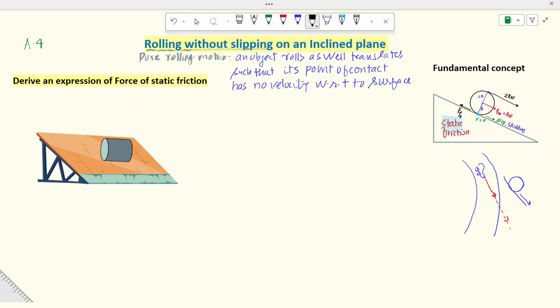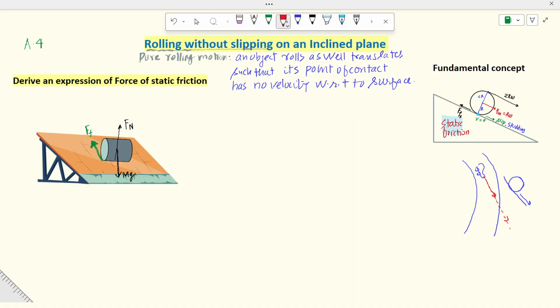How many forces are exerted on it? Obviously one force is exerted perpendicular to the surface, the normal force, and one force is exerted vertically downward, equal to the weight of the cylinder. The force necessary to roll it is the force of friction, and this is the static friction I already explained.